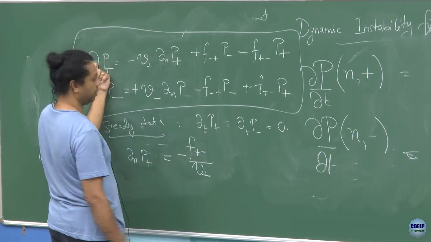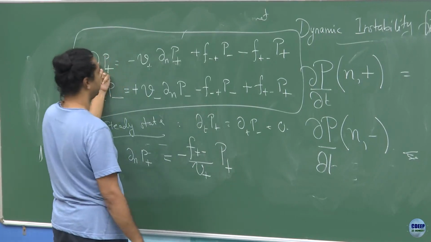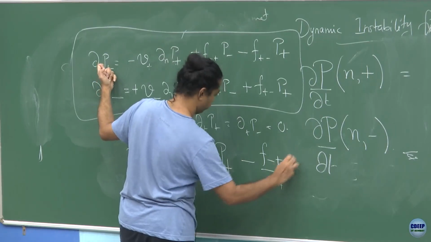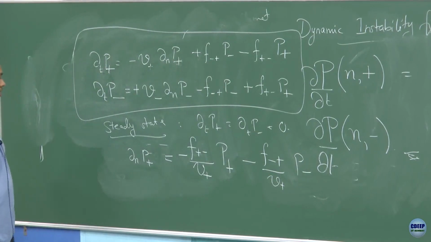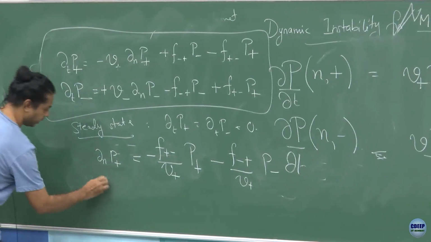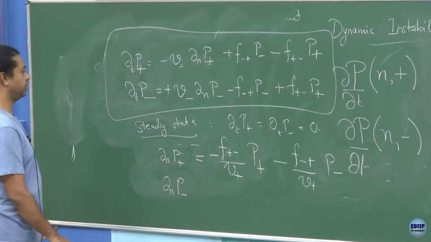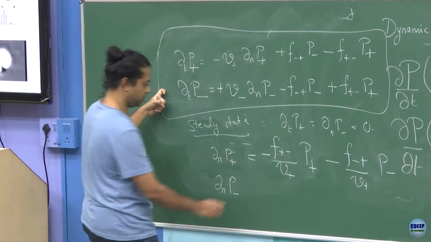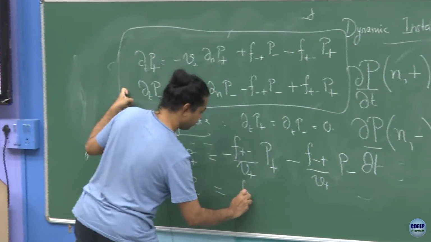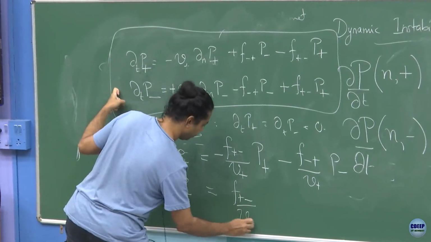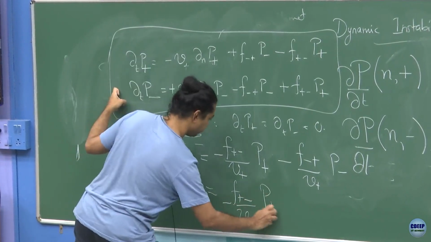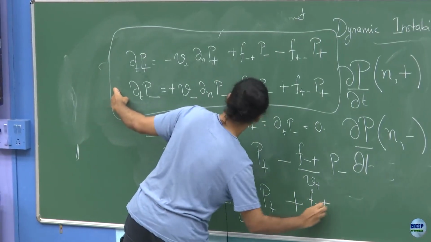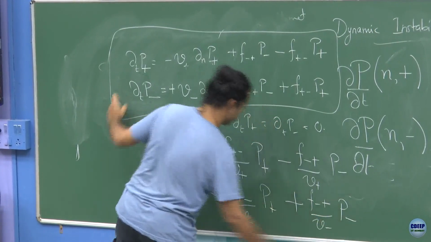So, there is a minus p plus and then a minus f minus plus by v plus p minus, and then I have del n p minus. So, del n p minus, I have a minus v minus over here, which is f plus minus by v minus p plus, and plus f minus plus by v minus p minus.